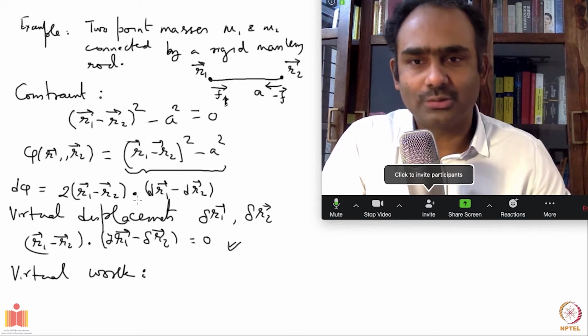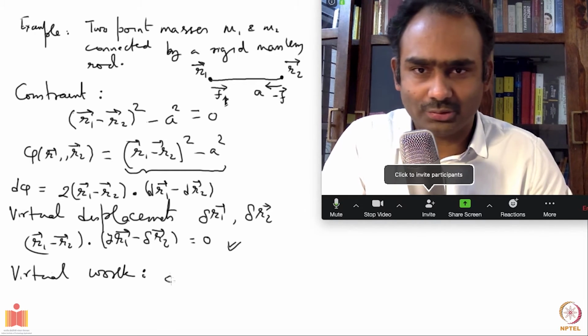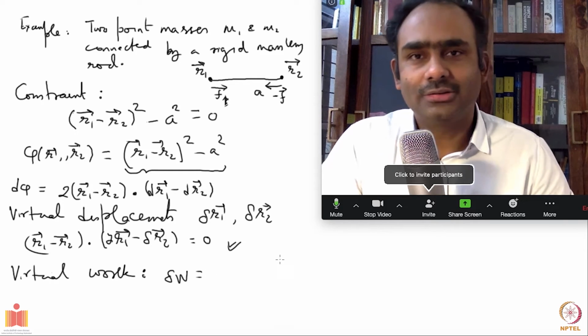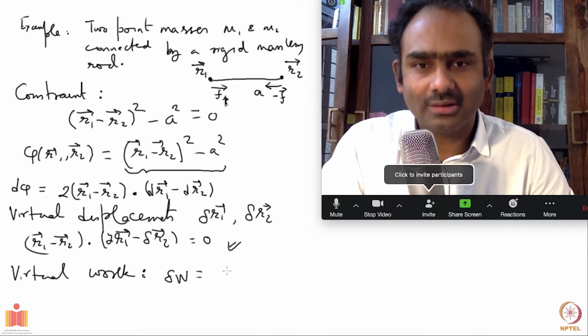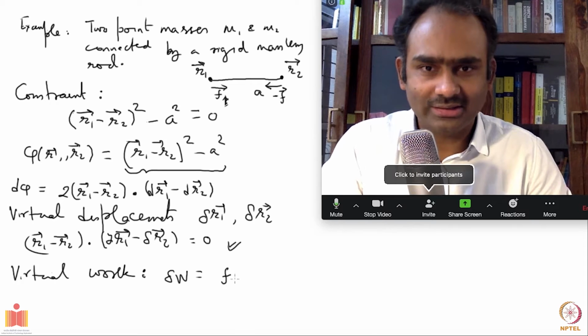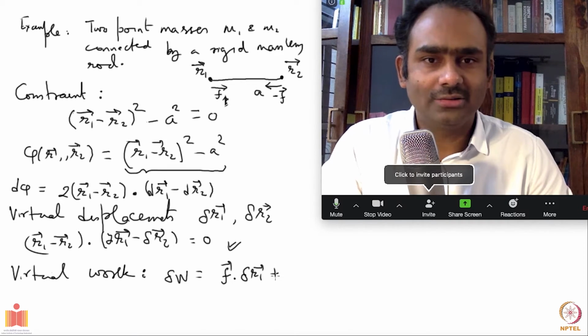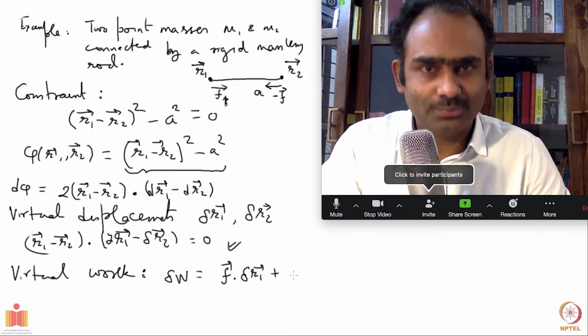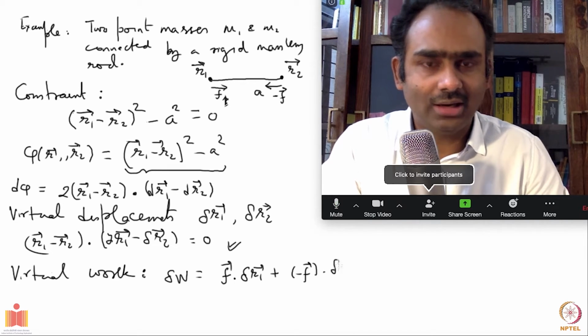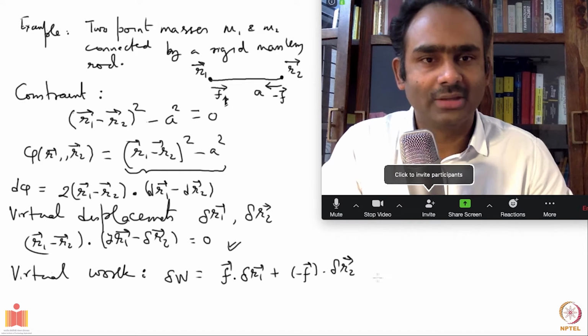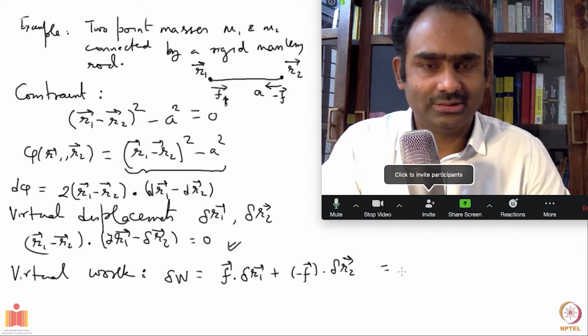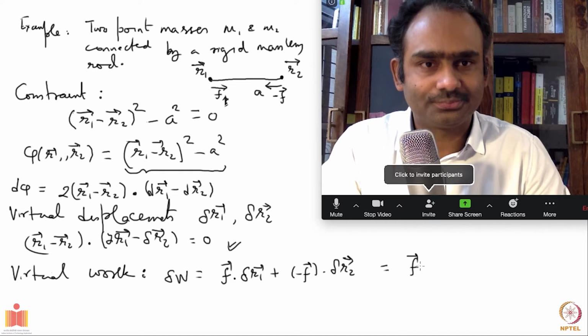And let's calculate the virtual work, delta W, or whatever you want to call it. So the force is F on R1, it is getting displaced by delta R1, plus the force on point 2 is minus F, it's getting displaced by delta R2, which is, you take out the F common, F dot (delta R1 minus delta R2).